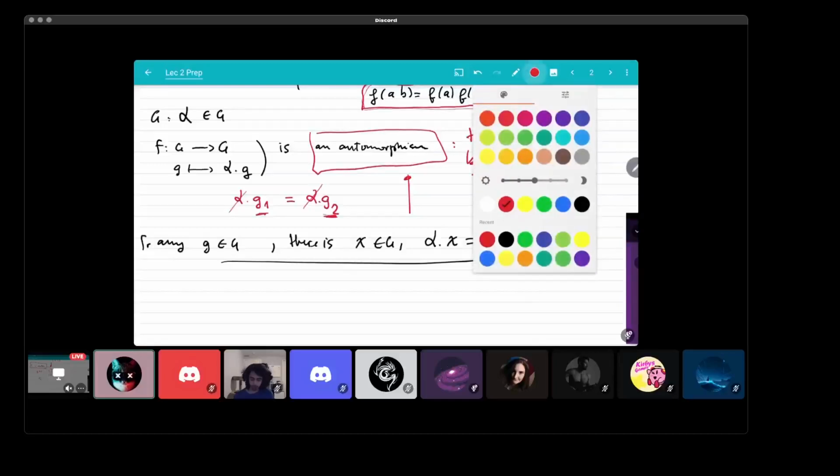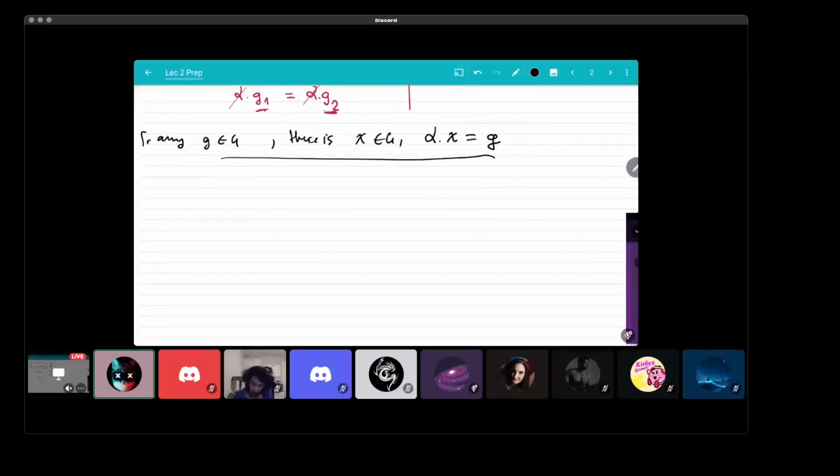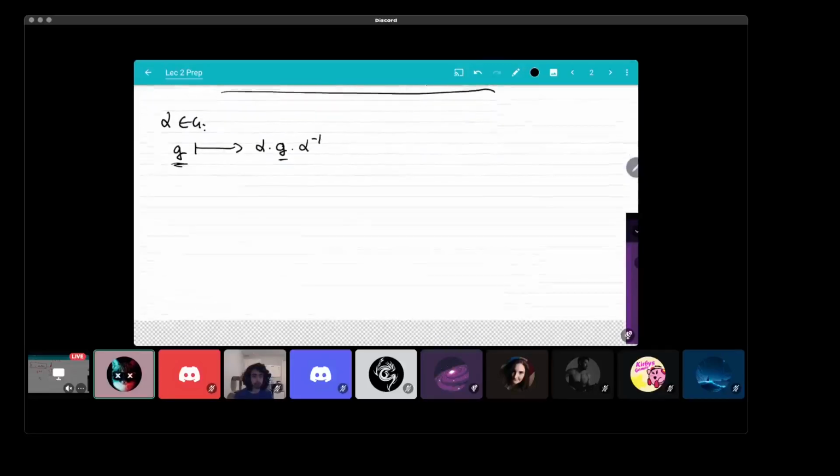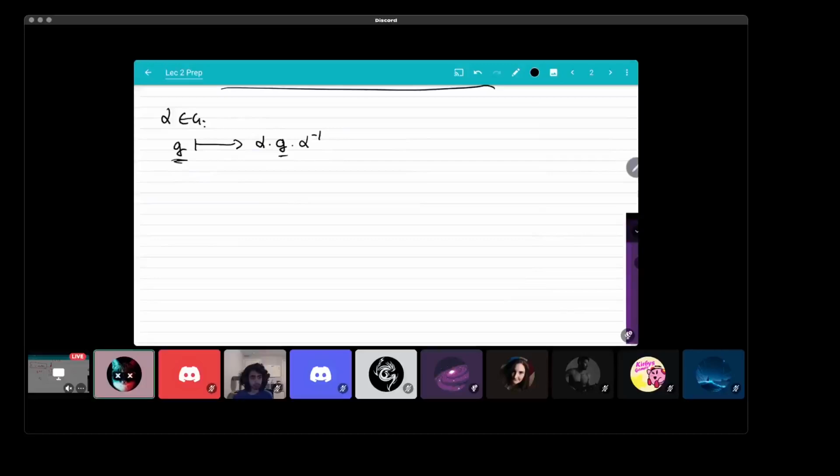Another type of automorphism is the inner automorphism. We fix the same alpha, and then this time we send g to alpha g alpha minus 1. So we conjugate g by alpha. This is a bit less straightforward to check.